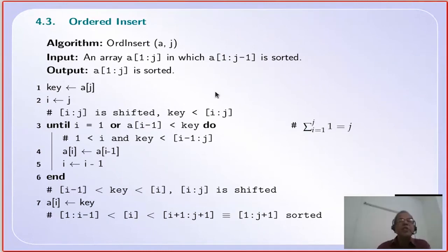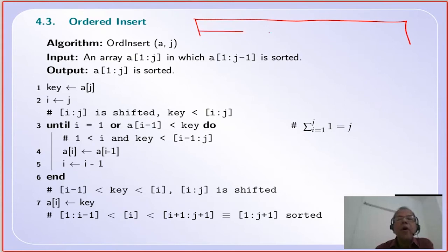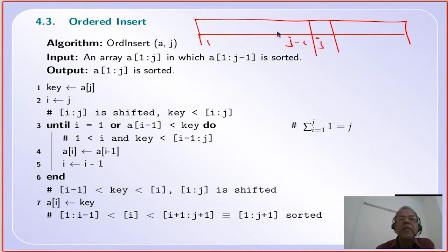Here is another example, insertion sort. Let us implement insertion sort as an iterative algorithm. This is ordered insert. Suppose 1 to j minus 1 is ordered. This is sorted. J may be out of order.